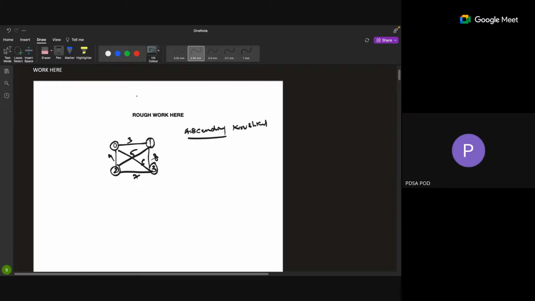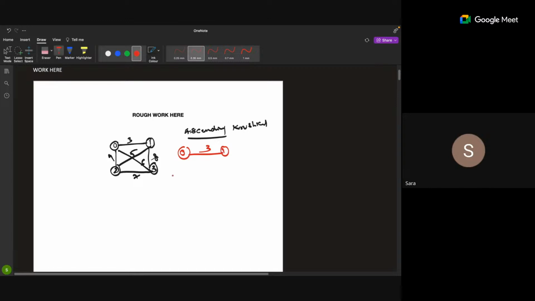So the first edge we select is 0 to 1. Definitely it doesn't create any cycle. Is it clear?